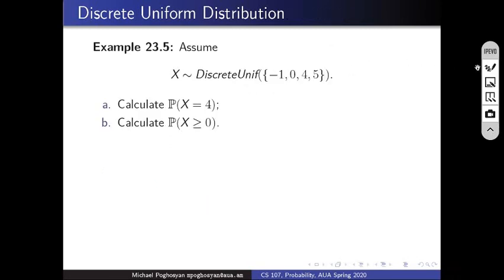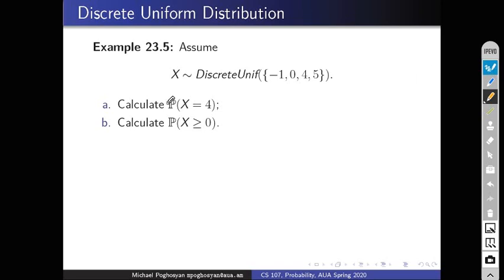Now, an example. We are given that x is discrete uniform over these values. And the A part is to calculate this probability, the probability that x is taking the value 4. So let me first write what this means. Let me write in the PMF form.